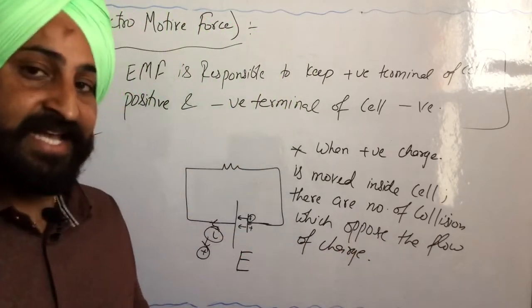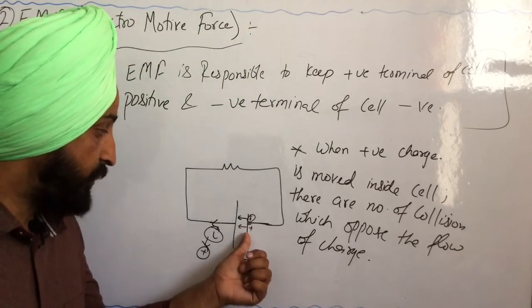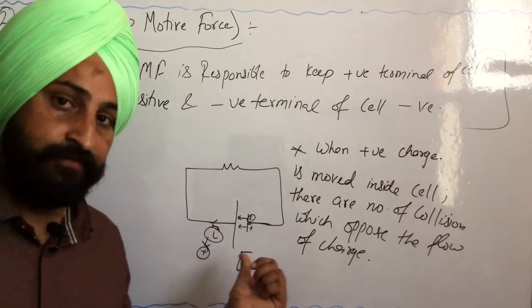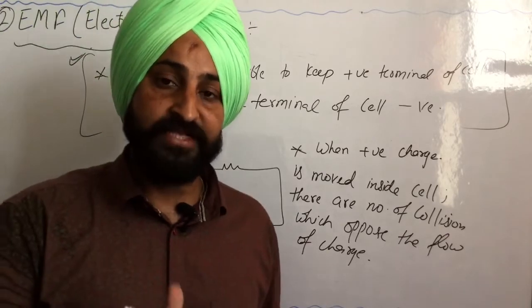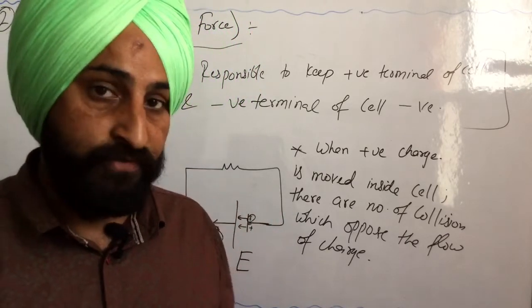So inside the cell also, when the positive charge is trying to move from the negative terminal to the positive terminal, it is moving due to EMF. So EMF is the force which is moving it.